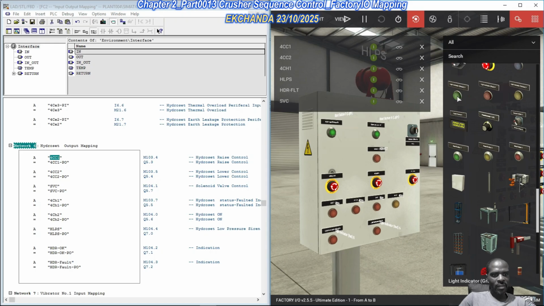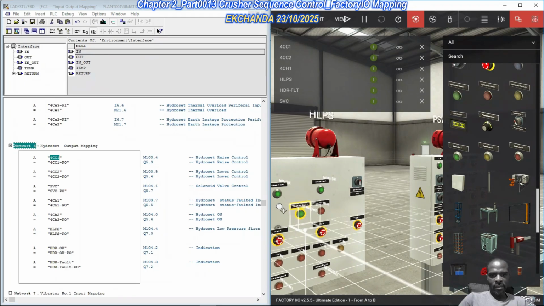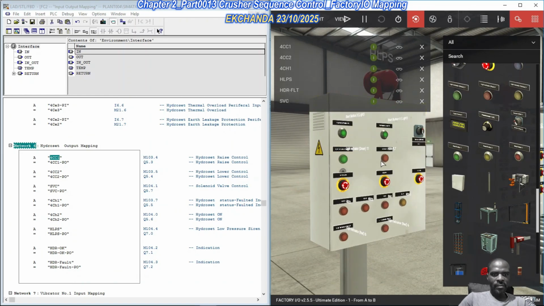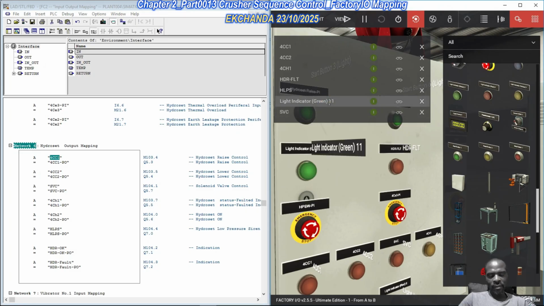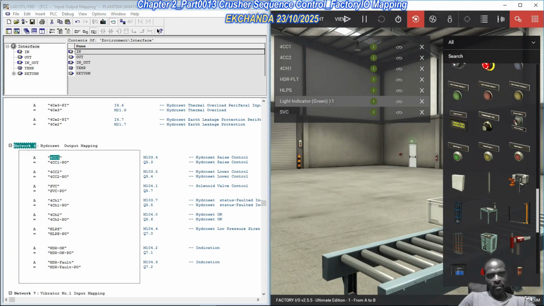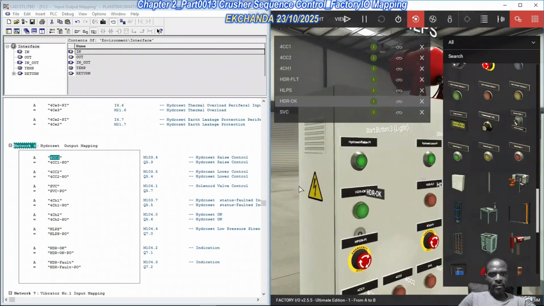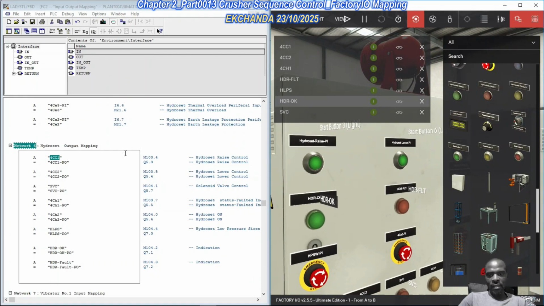We need a green indicator, pilot light or light indicator or indicator lamp if you want. Need to put it right on the face of this, in that position. This is HDR OK. Okay. Oh, come on. So HDR OK, that's taken care of.